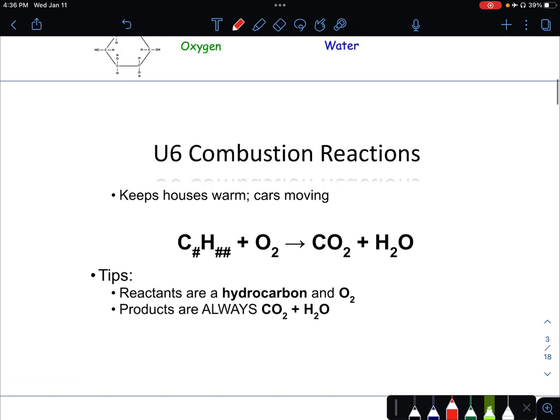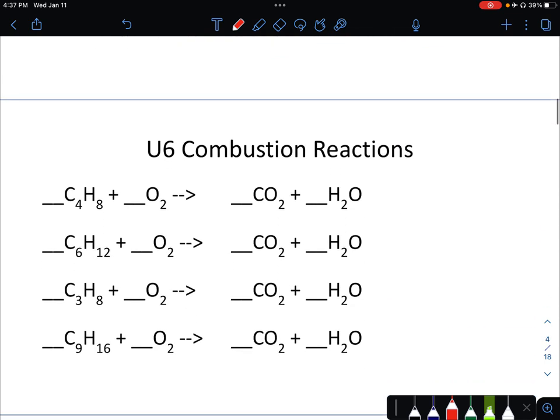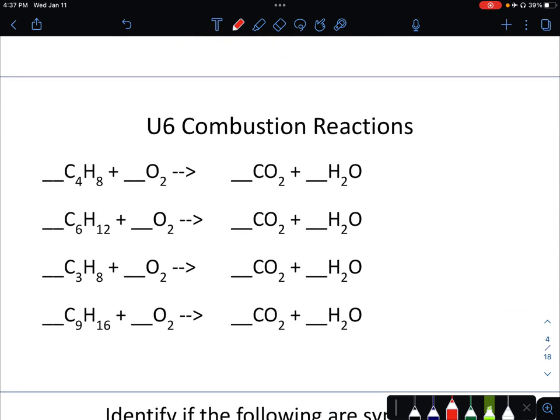What keeps houses warm is propane, C3H8. What keeps cars moving is ethanol, or unleaded gasoline, which is going to produce this carbon dioxide and water. Anytime we have a hydrocarbon and O2, we're going to produce carbon dioxide and water. Pretty straightforward. So again, a combustion reaction.